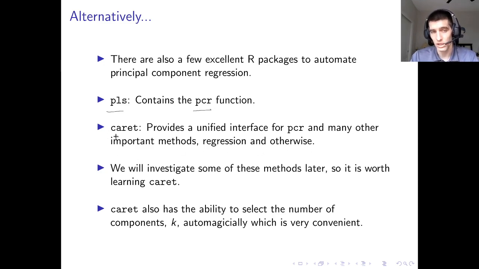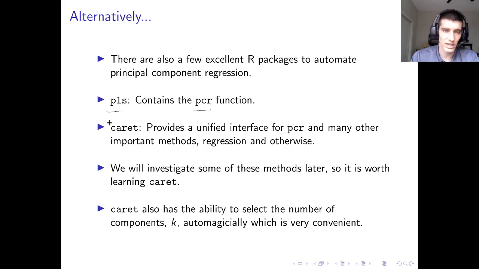There's a bunch of different tools to do different things in R, and caret unifies them and provides a common syntax, so you can build models in caret, and caret will feed the information to the pcr function in a unified format.